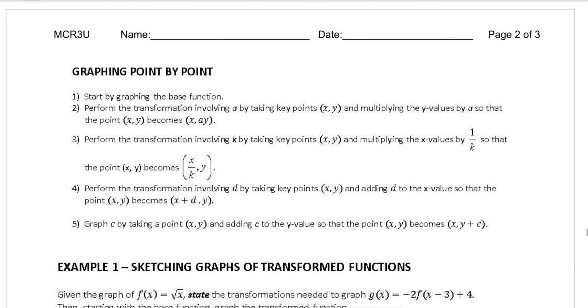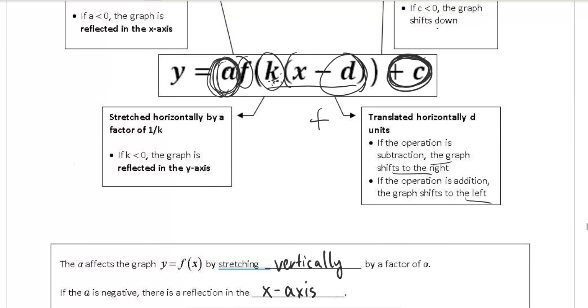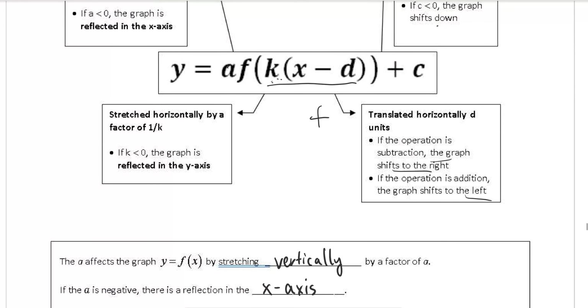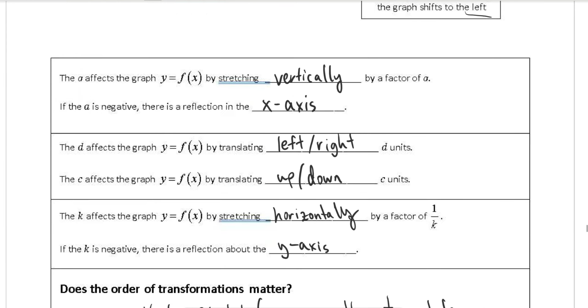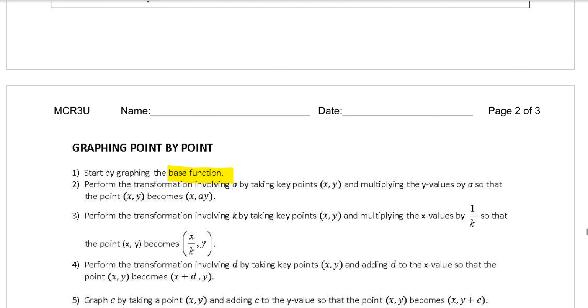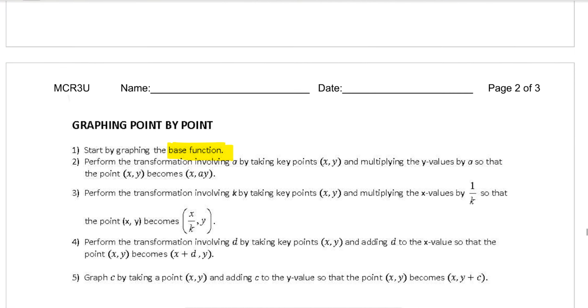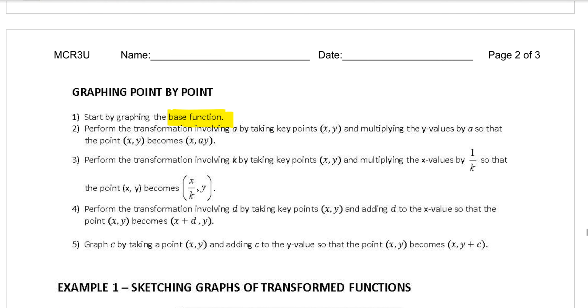Okay, so how do we graph point by point? You start with your base function always. All of this that you see here, this entire transformation equation, can work for any of the base functions that we're studying in this course. So start by graphing the base function, use the key points. Then you're going to do those point transformations. You take your key points, multiply your y values by a, so that you get a times y.